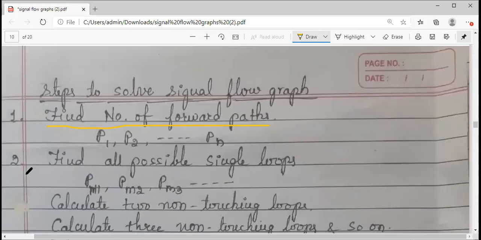Then the second step has got 3 sub-steps. The first is we need to find all the single loops, that is individual loops. Say individual loops are P11, P12, P13 and so on.